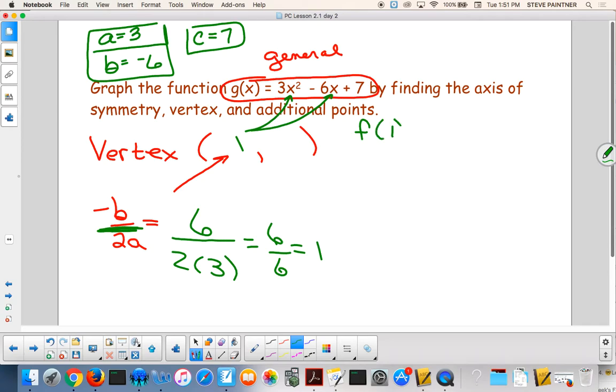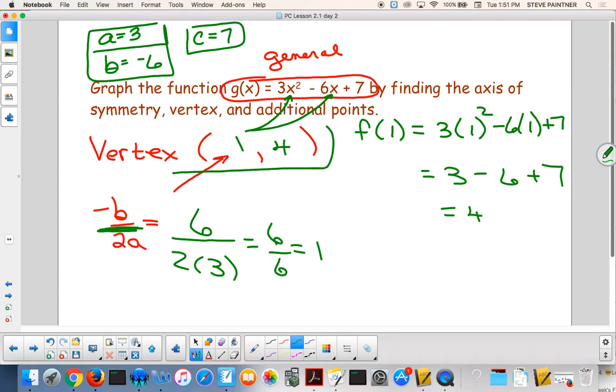Basically do this. If my x value is 1, what's the value of my function when x is 1? Well, you just plug it in. There you go. You should get something like that, which is what? 4. So your y value is 4.